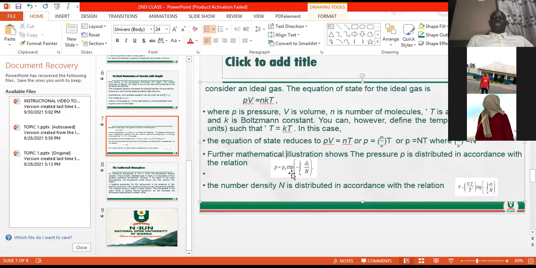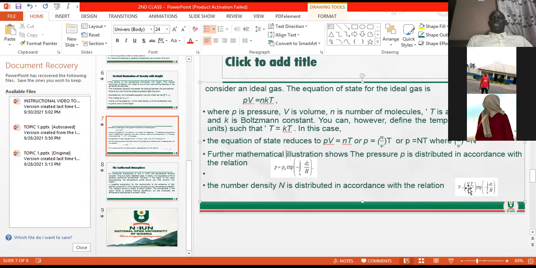P naught exponential the integral of 1 over h dz. So this one shows that pressure is inversely proportional to the height. So as pressure increases, height reduces. So basically, you can also say that the number density n is distributed according to this as well.